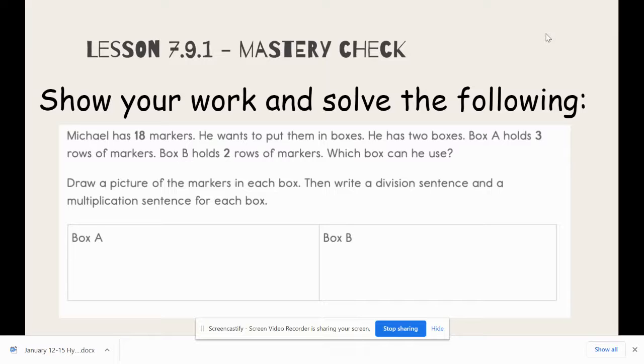And will you be able to put 18 markers evenly into Box B, which holds 2 rows of markers? So think about that. Show your work. Make sure that you represent what you did by drawing a picture. And you also need a division sentence and a multiplication sentence for each box. Remember, they're inverse operations. So make sure you show your work, and good luck.